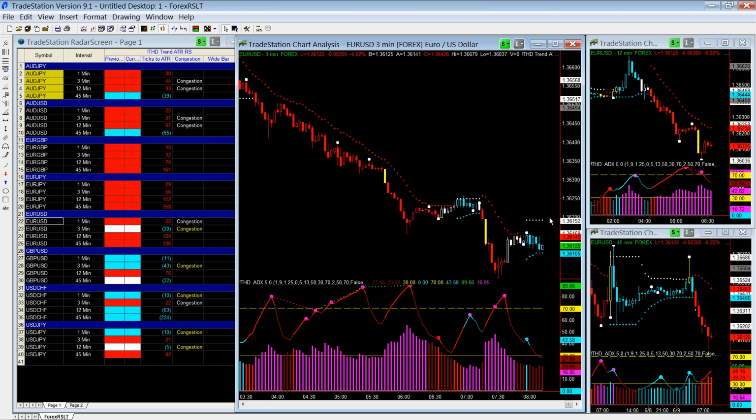If it cannot break these congestion dots, and this is a great example here, normally it will touch the congestion dots, but then it will continue down, okay? So the only time that you could potentially take trades when you see this line of white dots is when it's at the ATR or it's at the congestion dot. You typically do not trade in between that. Do y'all understand that?